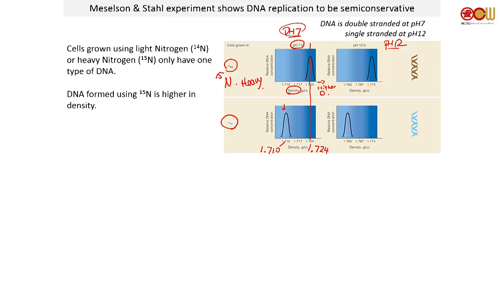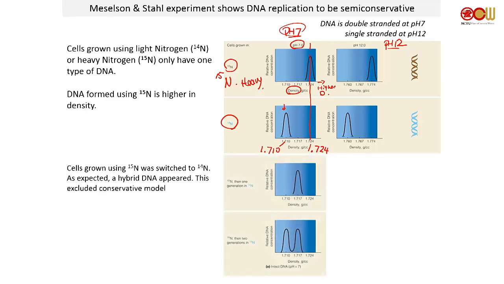Cool. Now, a simple experiment would be, what happens if I first grow my cell using N15, and then all of a sudden switch it to N14, and look at what the DNA will be?